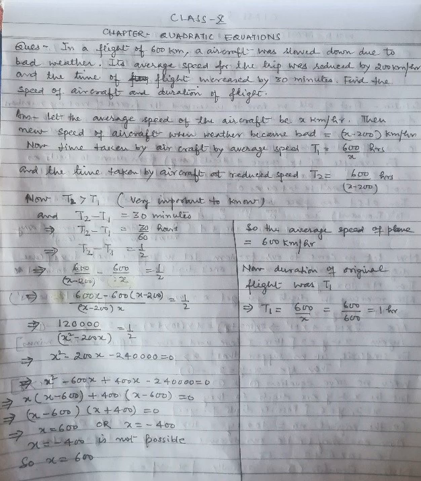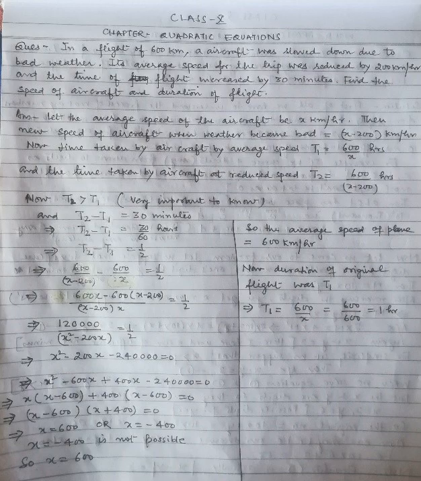Here we are dividing the quantity 600 by x in t1, and in t2 we are dividing the same number 600 by x minus 200. x minus 200 is smaller than x, it means t2 is greater than t1. It is very important to know, and this time difference of t2 and t1 is given in the question. That is the basic concept of this question.